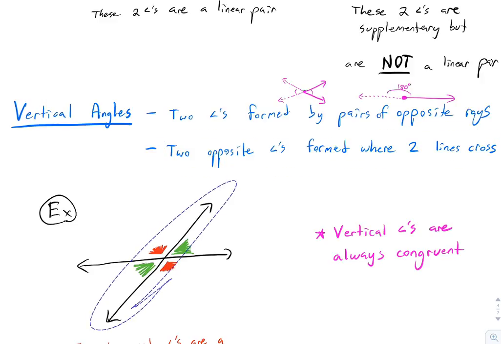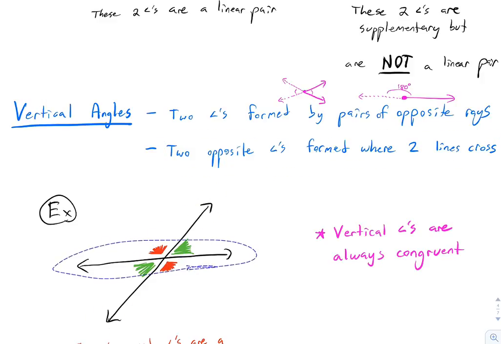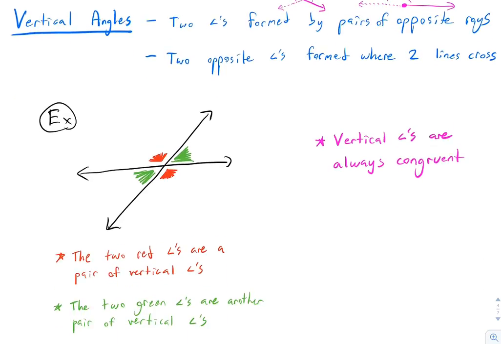So if this line crosses another line, then the opposite angles, these two green ones, are vertical angles. And these red ones are opposite also, so that's another pair of vertical angles. So you always get two pairs. To be really clear, the two red angles are a pair of vertical angles, and the two green angles are a pair of vertical angles.